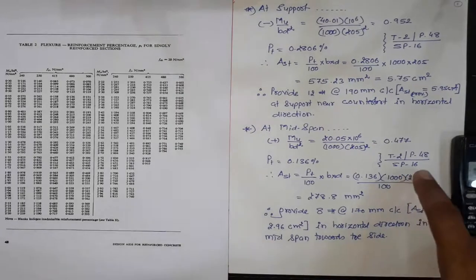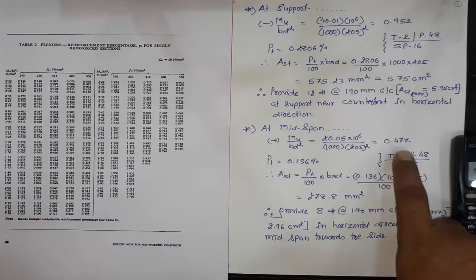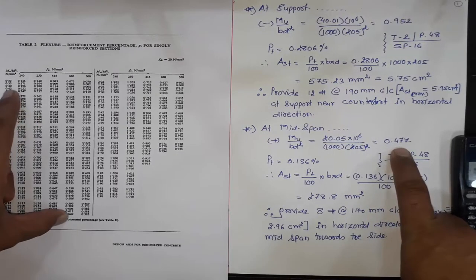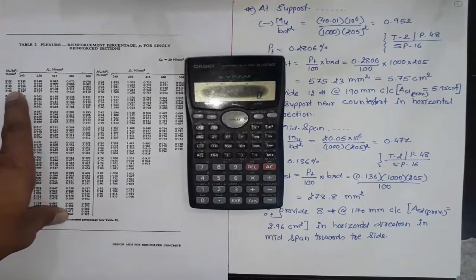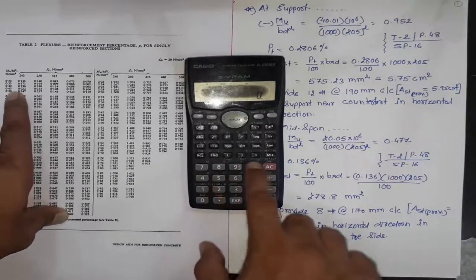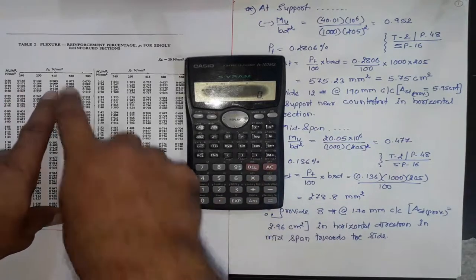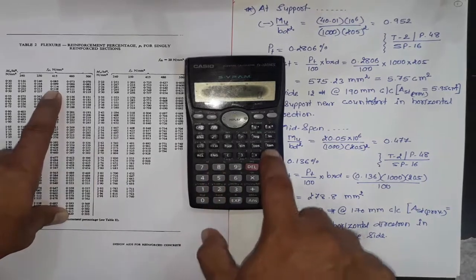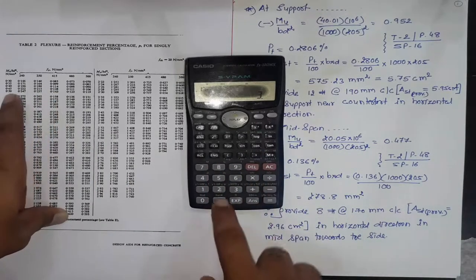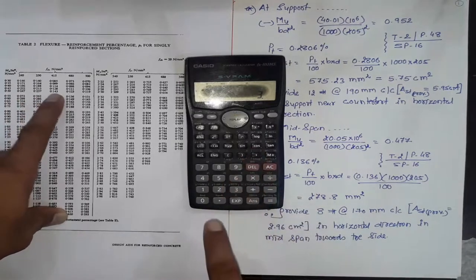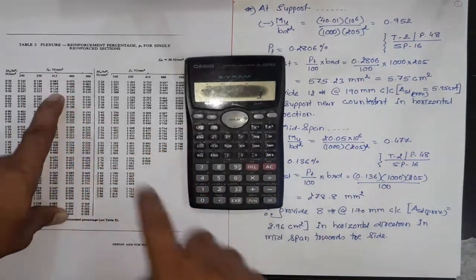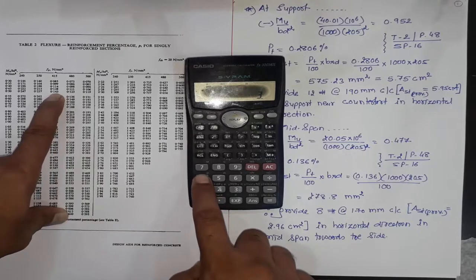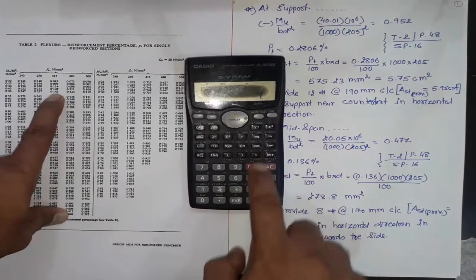Referring table number 2, page number 48 of SP16, 0.477 lies between 0.45 and 0.5. Again using calculator, for 0.45 corresponding value for FY415 is 0.128 memory plus. For 0.5 corresponding value for FY415 is 0.143 memory plus.